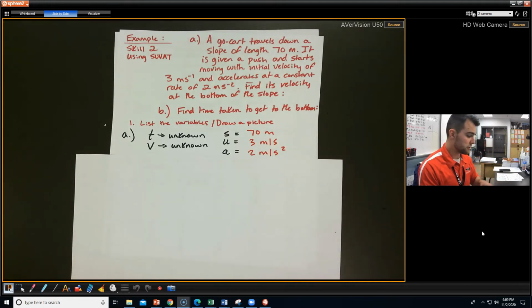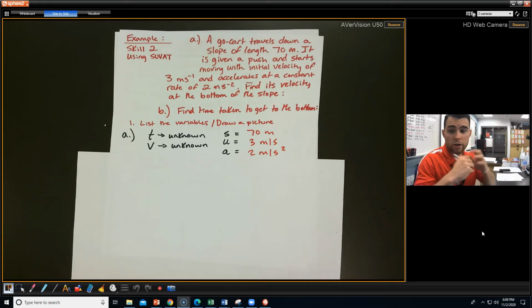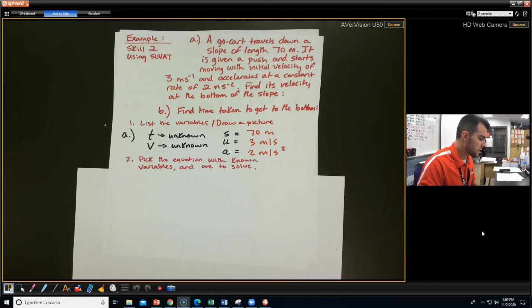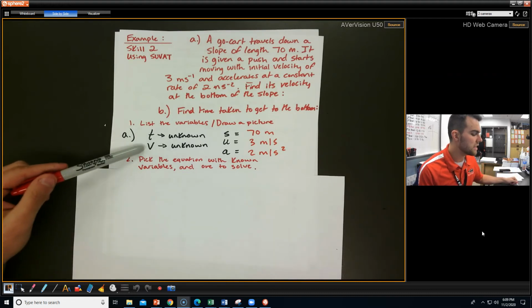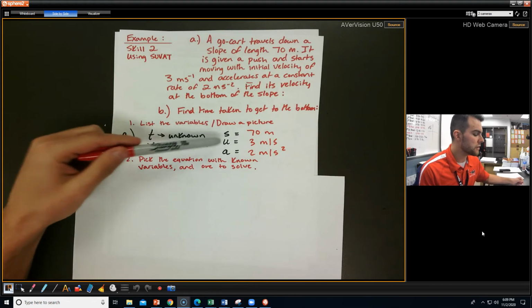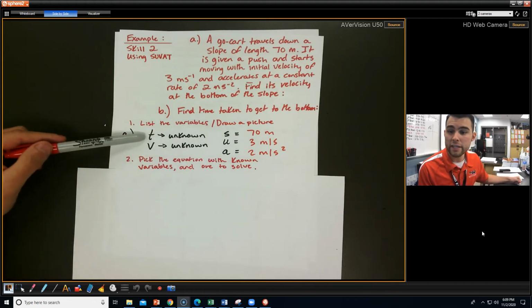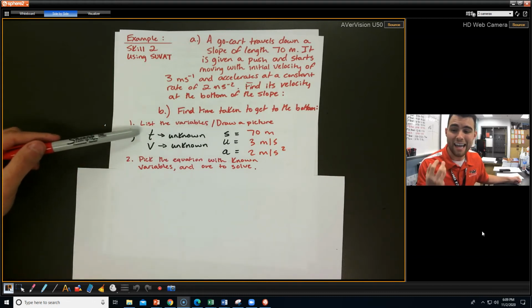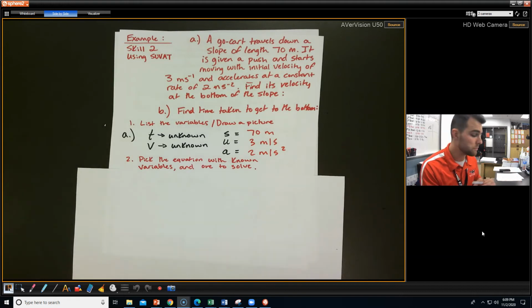So now it comes down to, well, what equation are we going to use of those 5 SUVAT equations? This is what you do. You're going to pick the equation with known variables and the one you want to solve. So for this first part, we want to find v, and we know s, u, and a. We don't know t. So if we can pick an equation that does not have t in it, that's probably our best bet.